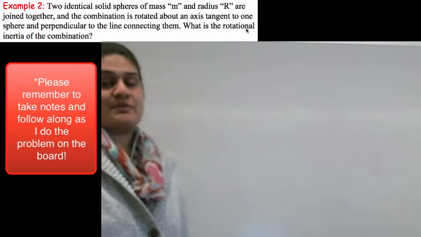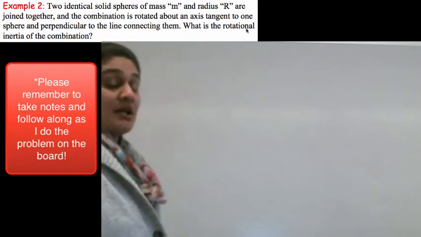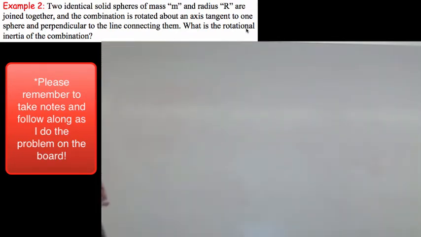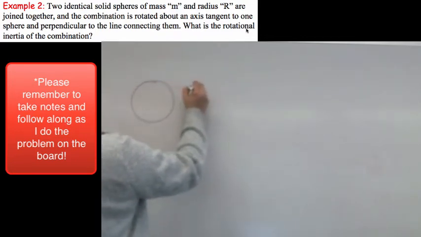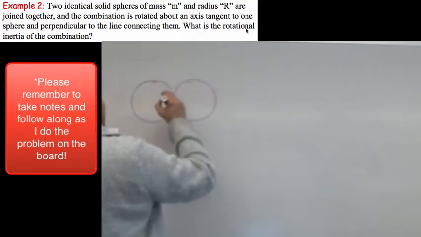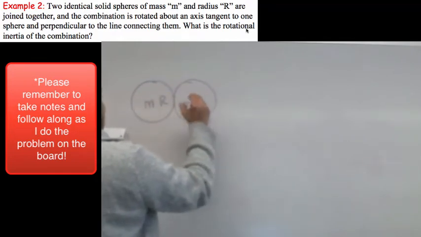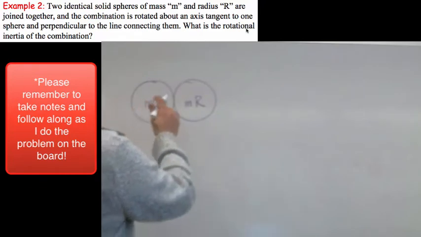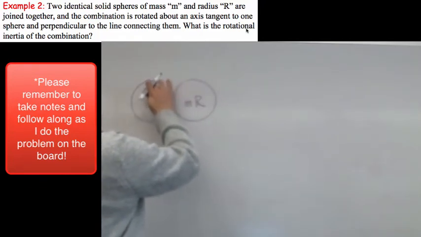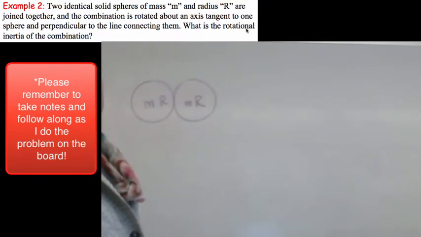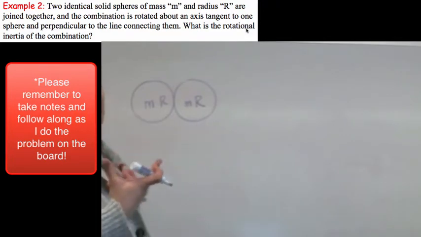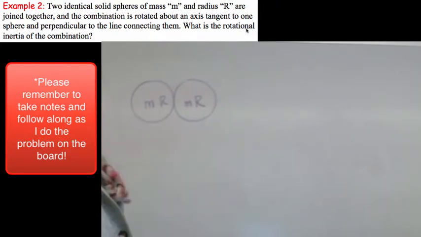So now let's look at this question. It says two identical solid spheres of mass m and radius r are joined together. So I'm going to first draw these two solid spheres that are joined together. Right? Each has a mass m and a radius r. This has a mass m and a radius r. And they are joined together to each other. And it says that the combination is rotated about an axis tangent to one of the spheres.